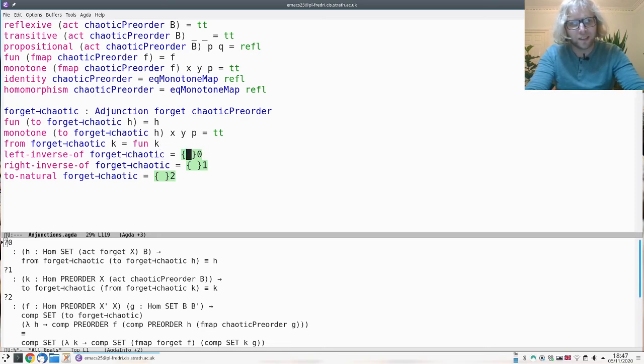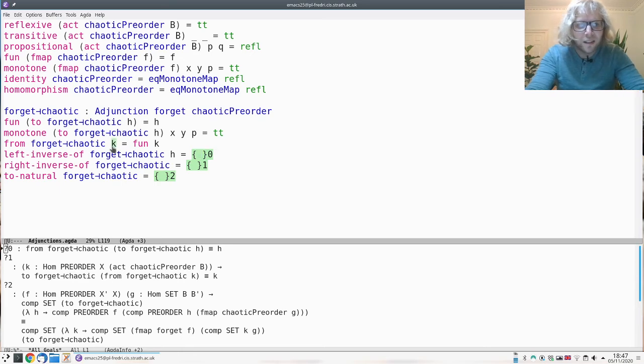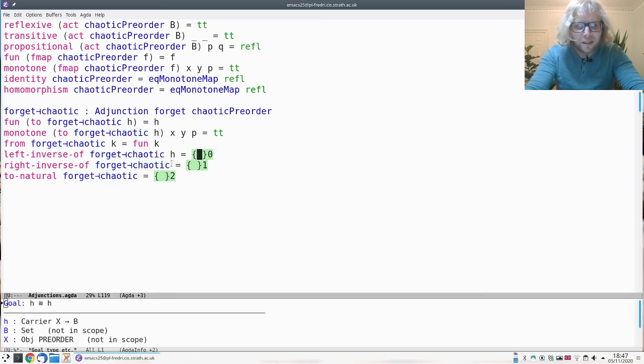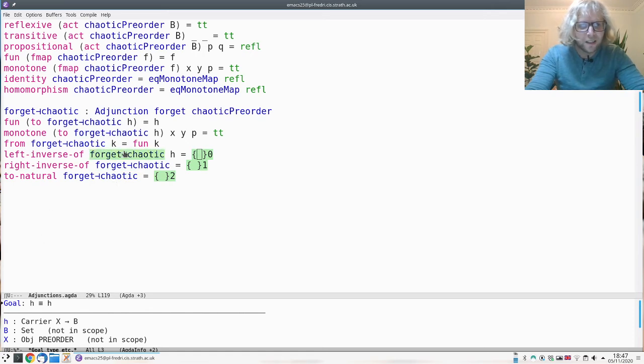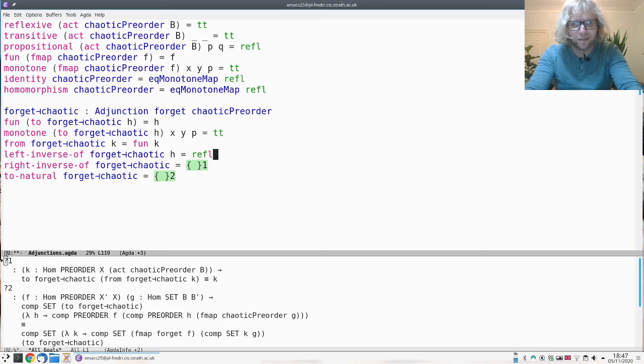Okay, and now I have to check that these are inverses. So if I start with h, so I start with just a function, and then I make it into an order preserving thing, and then take the underlying map, then because I use the same h as the underlying function here, I'm just going to get the same thing back again. Right? So that's always REFL.